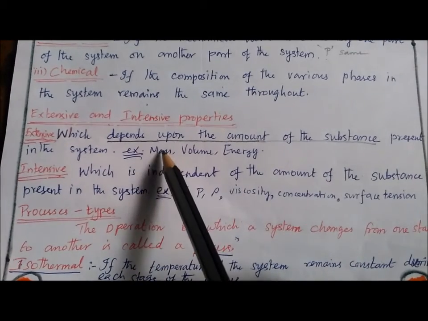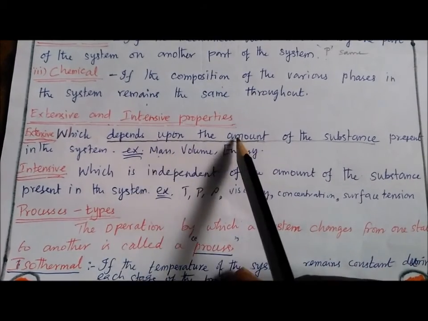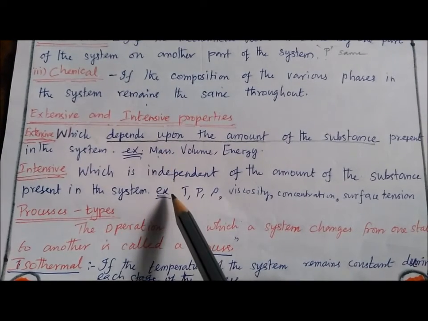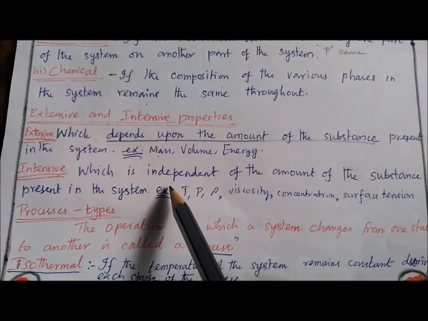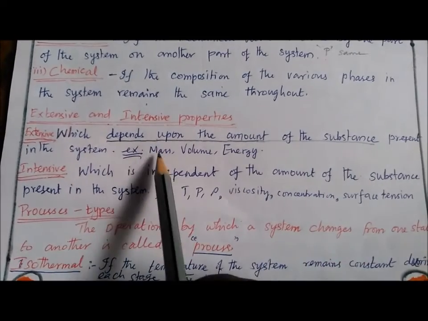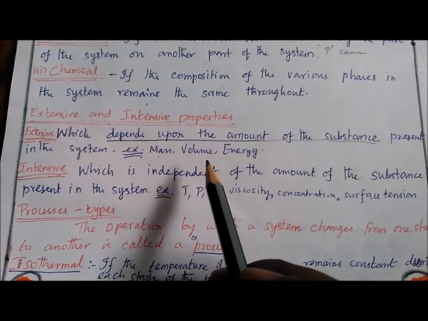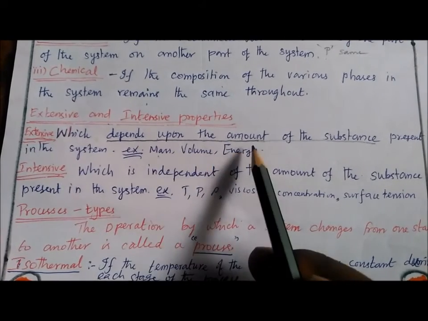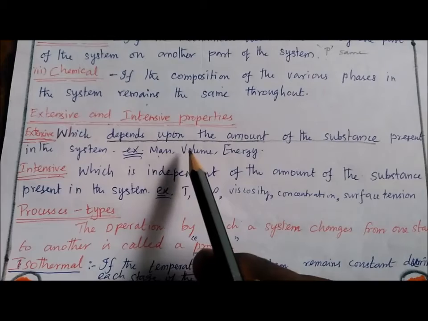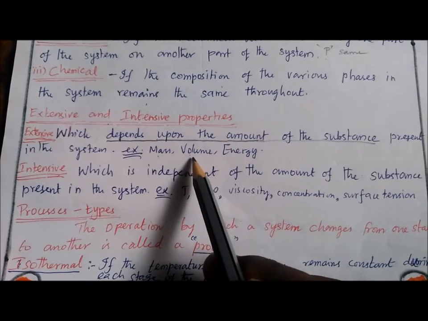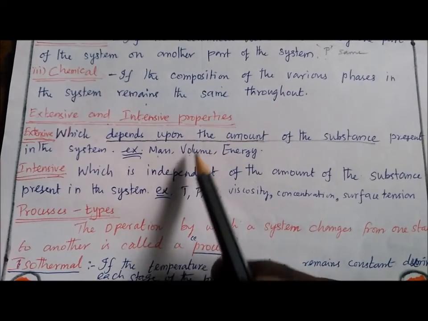If we remove some molecules from the substance, then there will be a decrease in the mass. Likewise the volume also. If we have a liquid of 100 ml, if we add some amount of the same substance or any other substance to the particular volume, then that will increase the volume.